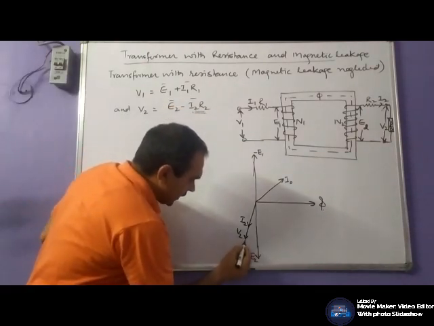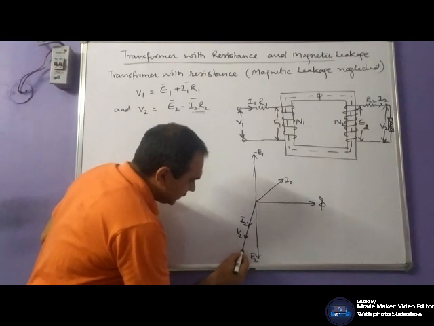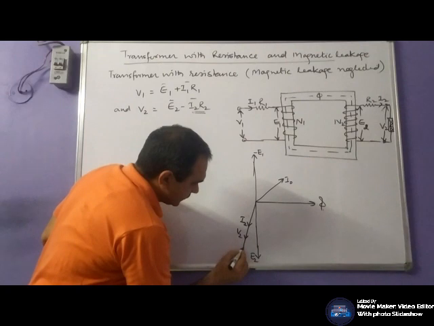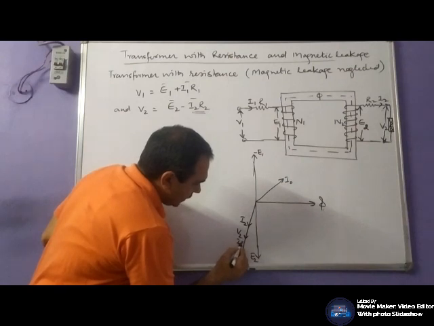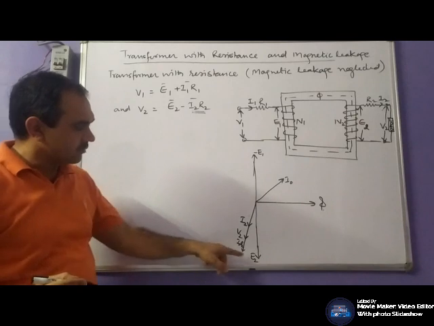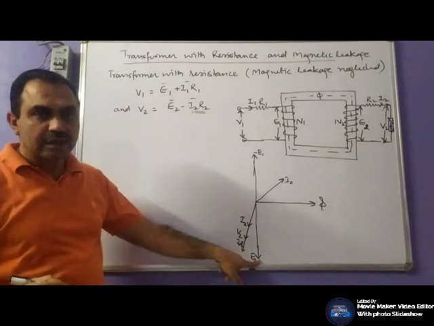So they are represented by I2 R2, and that would be equal to E2.